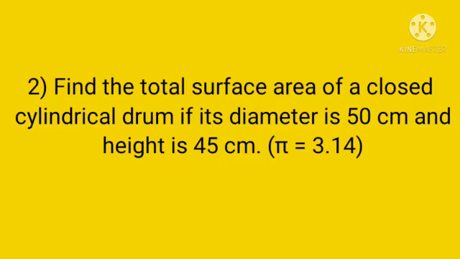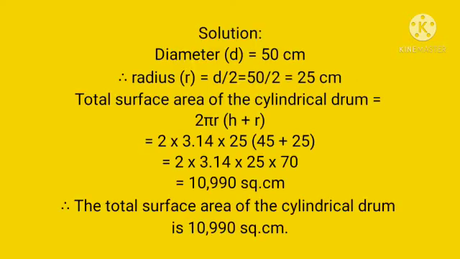Sum number 2. Find the total surface area of a closed cylindrical drum if its diameter is 50 centimeter and height is 45 centimeter. Here we have to use the value of pi as 3.14 because it is given in the question. Solution.